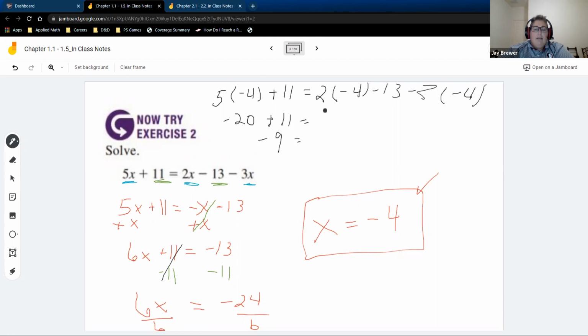And then on the right-hand side, we have -8 minus 13 plus 12. Well, -13 plus 12 will give us a -1. -1 and the -8 give us a -9. So there we have it verified.